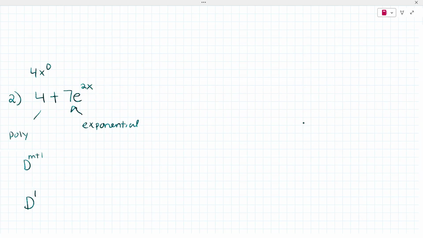And over here we have an exponential. What do we do when we have an exponential? It's D minus r, and our r is technically 2, so it's going to be D minus 2.